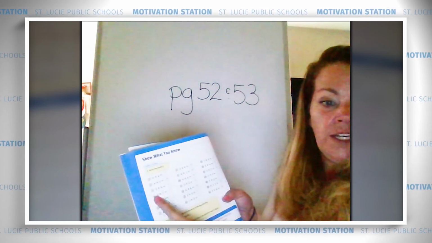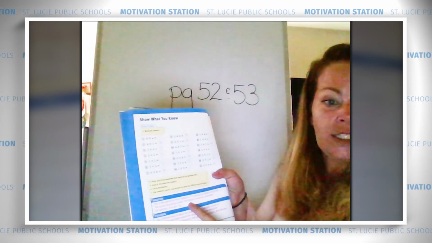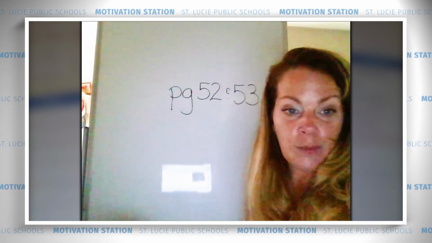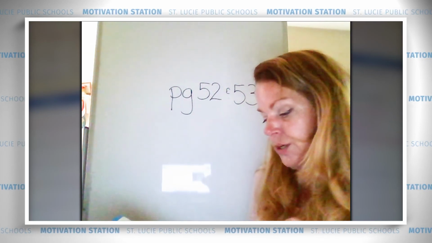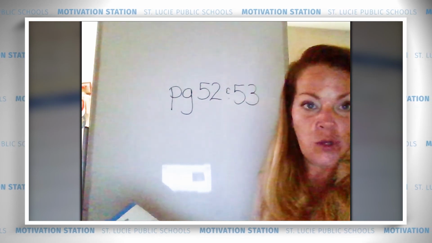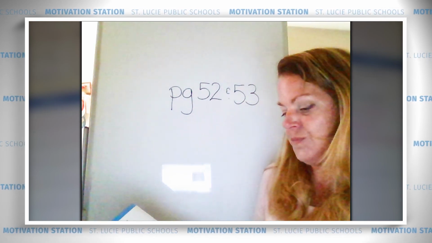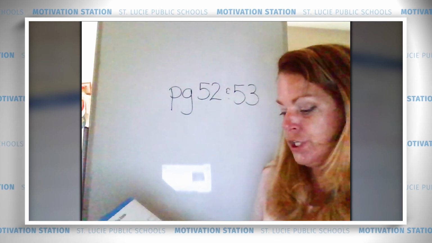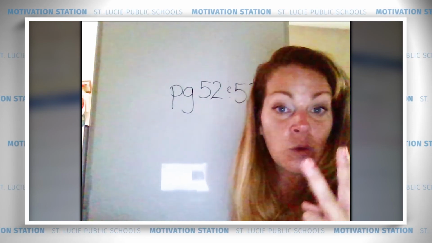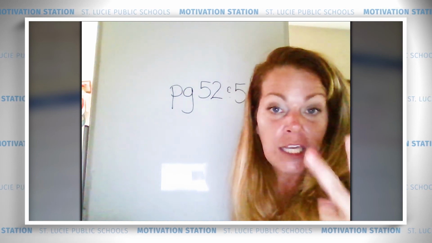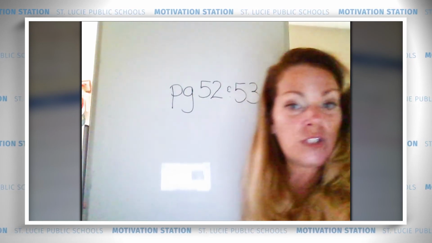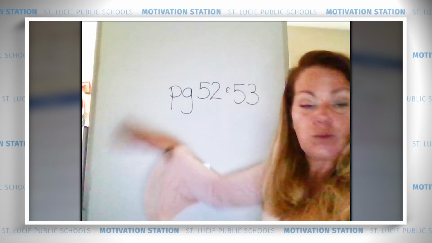So you're going to pick one of these here and write it in this box here. Draw a line under the product. Directions are important here. Circle the factors, reviewing that vocabulary. Use numbers, words, and pictures to show 2 different ways to figure out your multiplication equation that you chose.